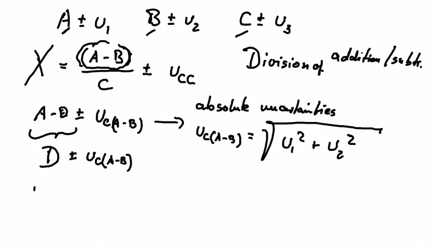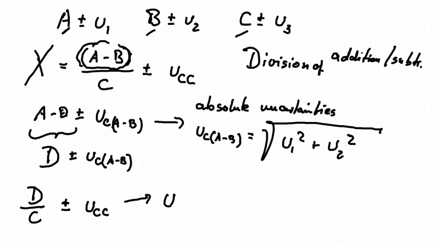So we have D over C plus minus the combined uncertainty, like that. And we know how we can deal with that.